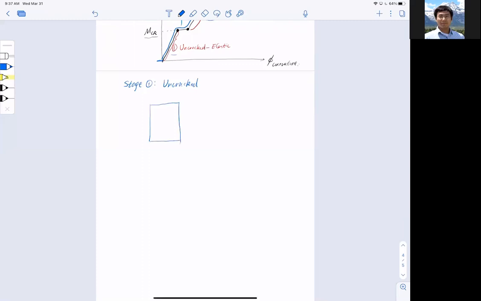This is the section, and I just want to calculate the EI. But I have a problem. If I just had concrete, I could straightforwardly calculate my EI. But I have steel reinforcement here, and we know this is not going to work directly because we need a transformation.